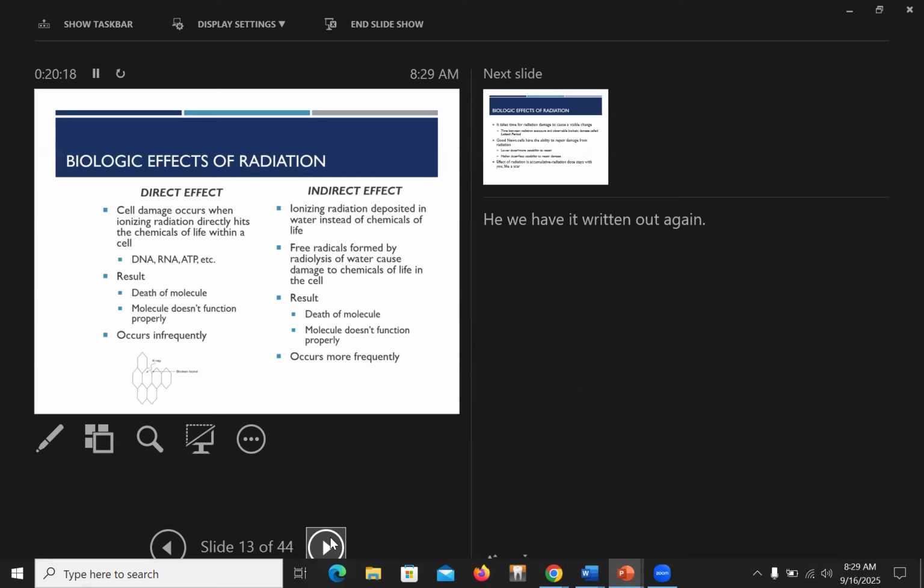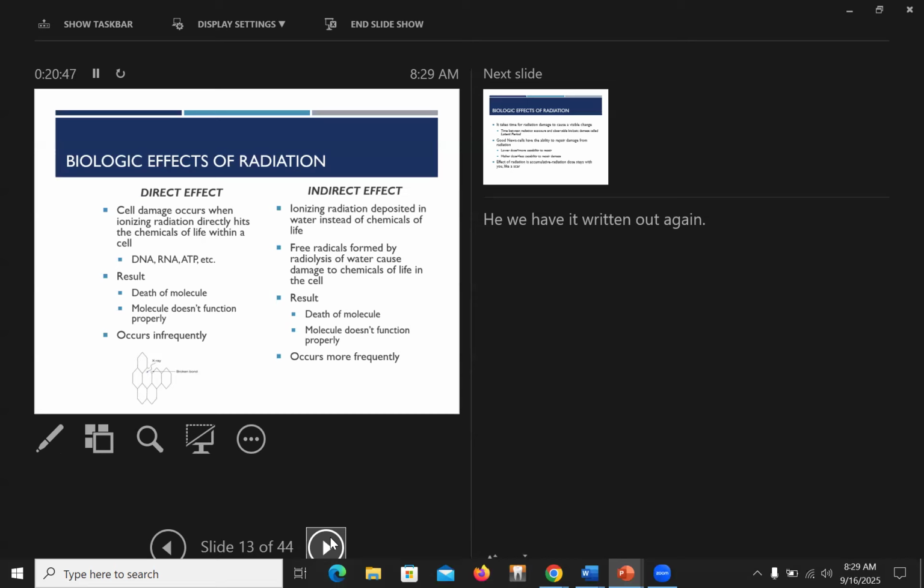This occurs more infrequently, obviously, because the nucleus is super tiny, like a football in a football field, so it's going to happen much less frequently because the chemicals of life exist in a much smaller space. So the direct effect is not going to happen as often as the indirect effect.